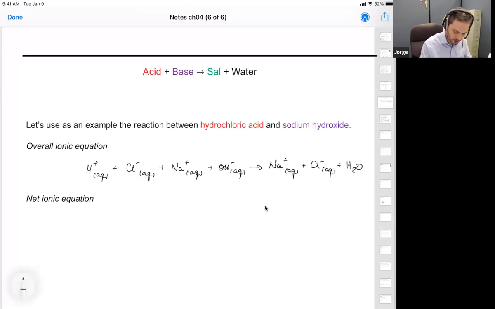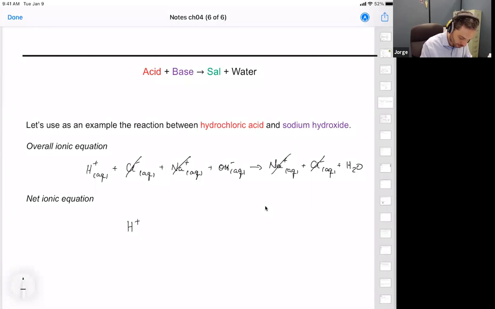Okay, so see here, Na plus shows up on both sides, Cl minus also on both sides. However, H plus only shows up in the reagent side because you have to find the identical compound on the other side. Therefore, we cannot cancel.